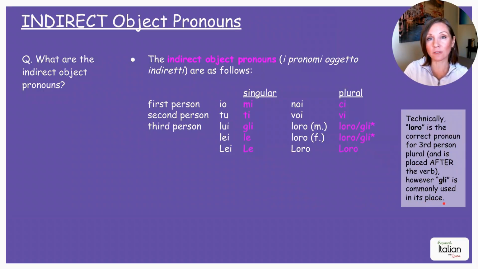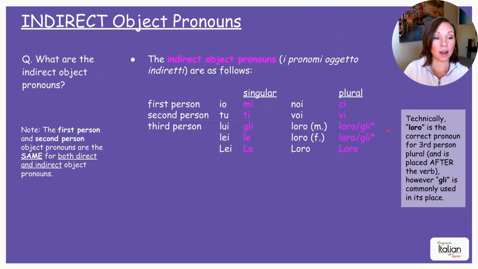Okay, so it's very common to hear people use gli before the verb, just like all these other ones, instead of loro after the verb. Okay, so that's why I'm showing you both of these, but technically loro is the correct indirect object pronoun for them. Okay, but like I said, gli is very commonly used. So for lui or loro, they're going to use gli a lot of the time.